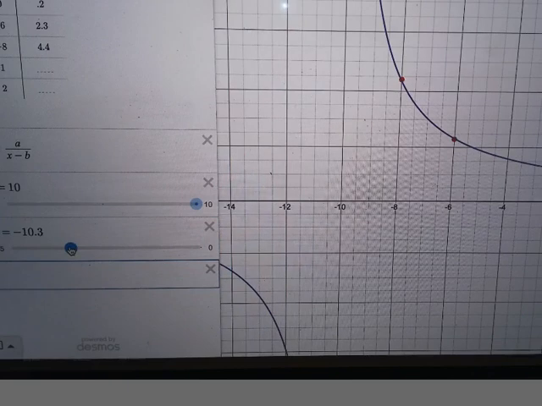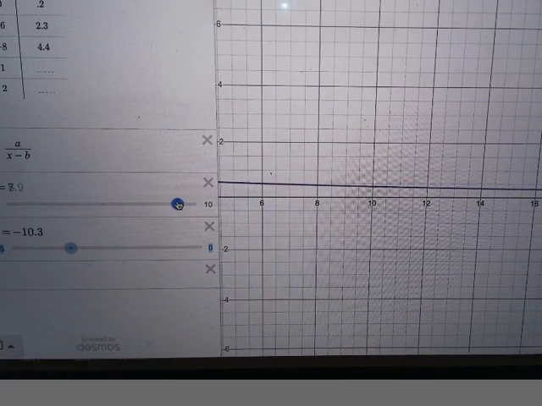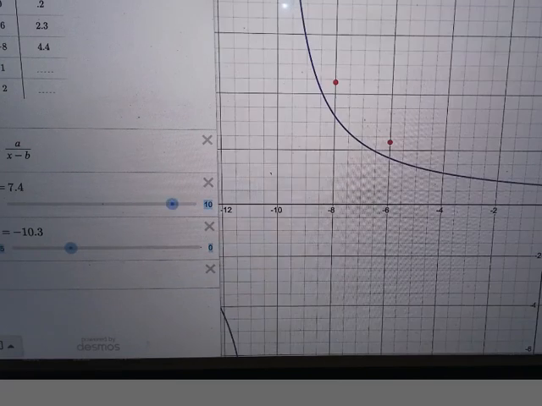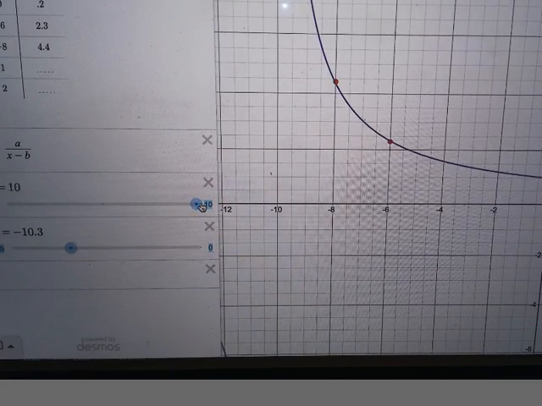And that hits those 2 points pretty nicely. And if I look over here, it's a little bit high, but not bad. I can move it down by changing A, but that messes it up over here. So I'm just going to leave it through these 2 points.